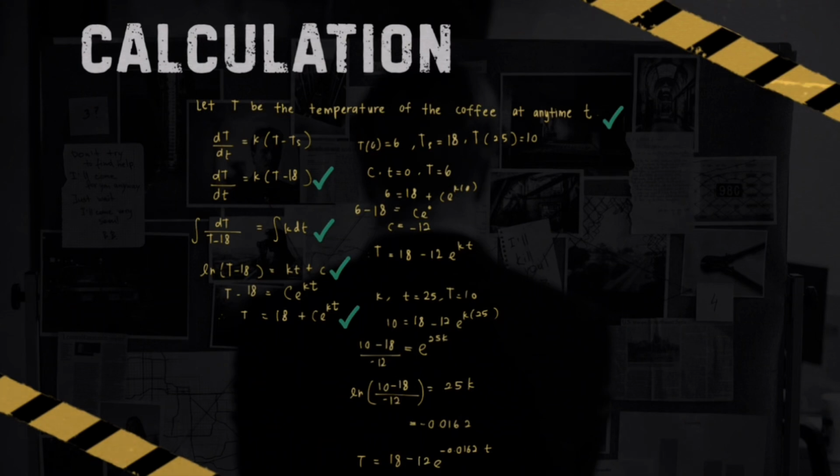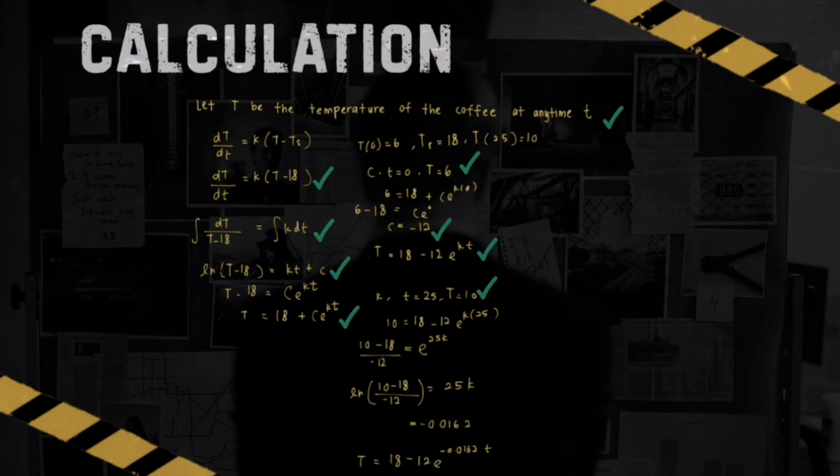Now, let's find our constant. Using our initial condition at t equal to 0, where the temperature is 6 degrees Celsius, we find that our constant C equal to negative 12. This gives us the equation T equal to 18 minus 12 e power of kt. Next, we use our second clue: at 25 minutes, the temperature is 10 degrees Celsius.